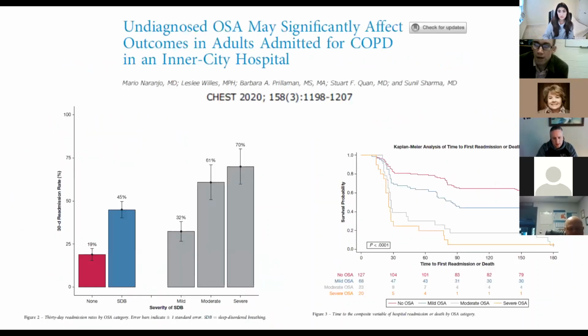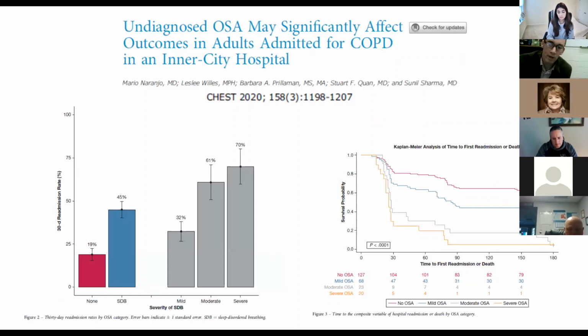So this is a study that one of my colleagues and our division chief, Sunil Sharma, published from patients who were admitted to the hospital for COPD in an inner city, actually. They screened all these patients admitted for COPD exacerbations for obstructive sleep apnea.